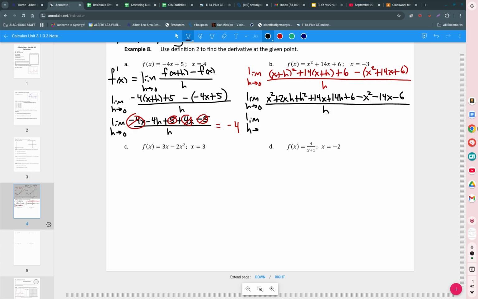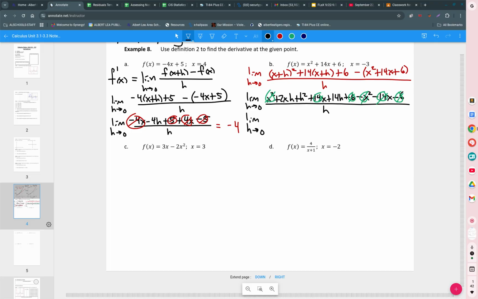Limit as h goes to 0 of, let's see what happens. x squared's gone. 14x, gone. 6, gone. Does everything else have an h? What do we get if we divide the h out?